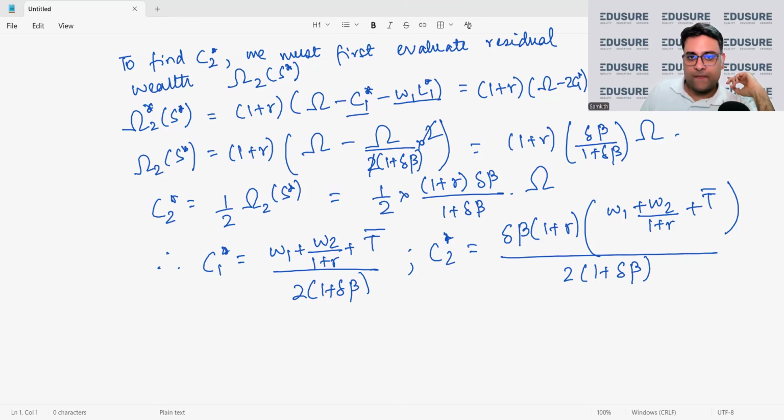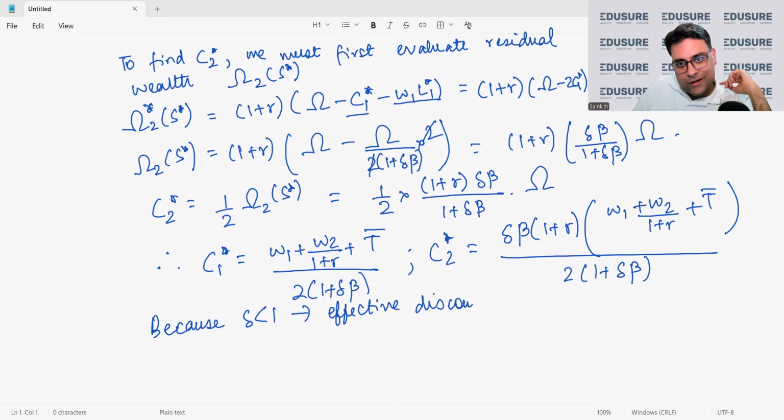Okay. So basically what we are getting, because delta is less than 1, the effective discount factor drops to delta beta.